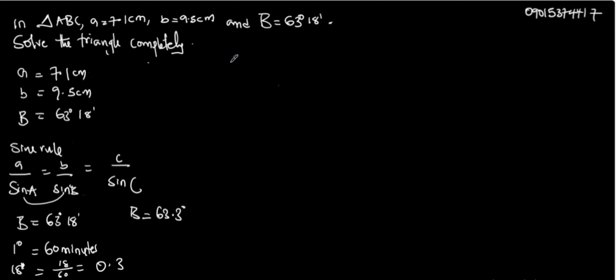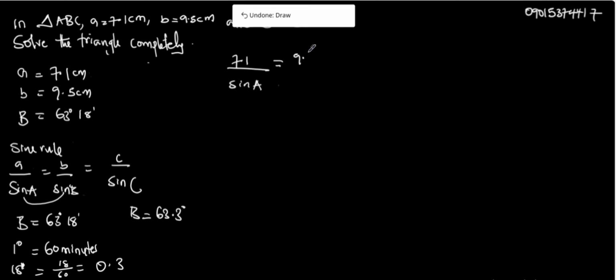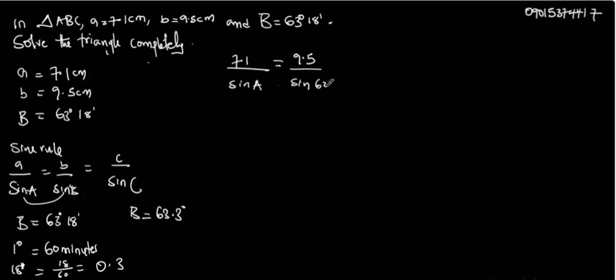We have side A, 7.1 over sine A, which is equal to side B, which is 9.5 over sine 63.3 degrees.